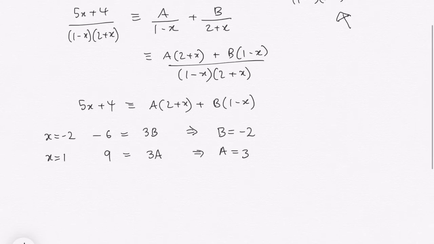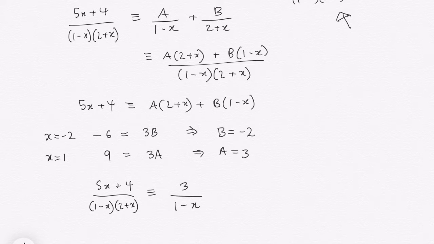So our partial fractions are (5x plus 4) over (1 minus x)(2 plus x) is identical to 3 over 1 minus x minus 2 over 2 plus x.